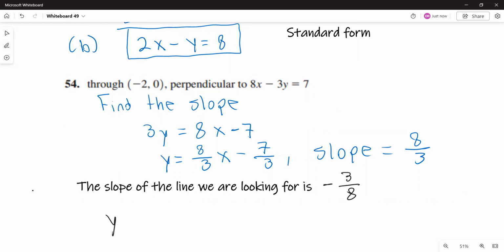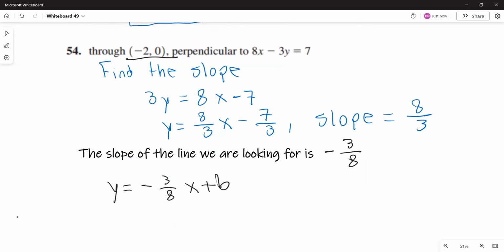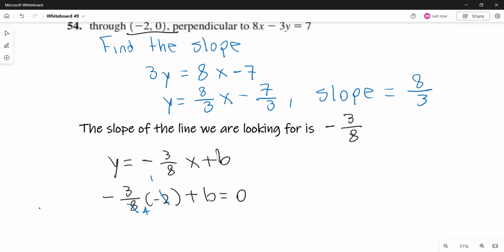Okay, so now we know that the equation of the line has the form negative 3 over 8 times x plus b. Use the point negative 2 comma 0, and negative 3 over 8 times negative 2 plus b is equal to 0. But negative 3 over 8 times negative 2, we can simplify the 2 and the 8. And 3 over 4 plus b is 0.